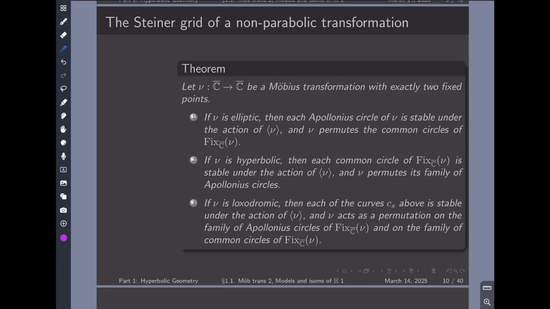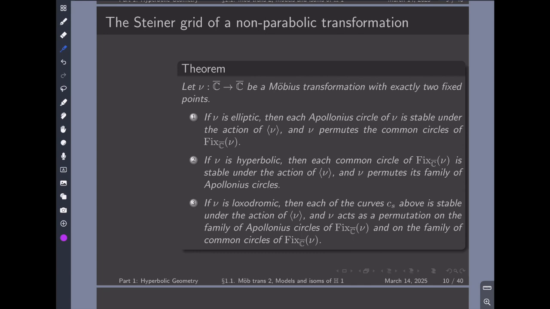Yeah? So again, the proof is really just that when you conjugate, the conjugating transformation simply transports the behavior.